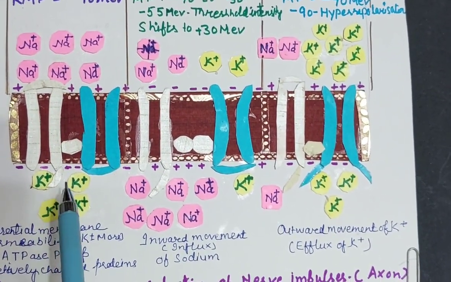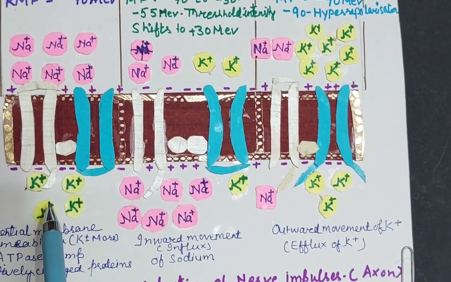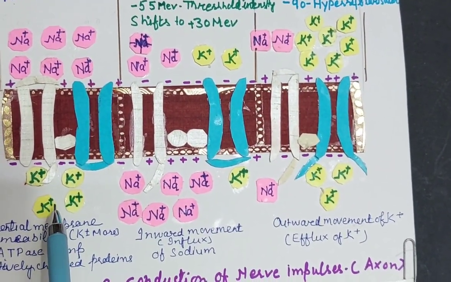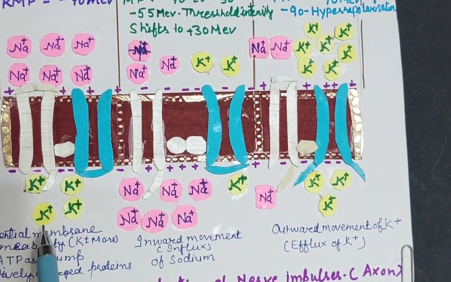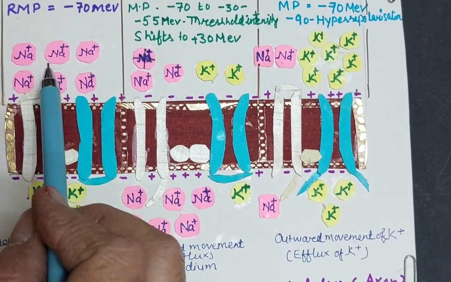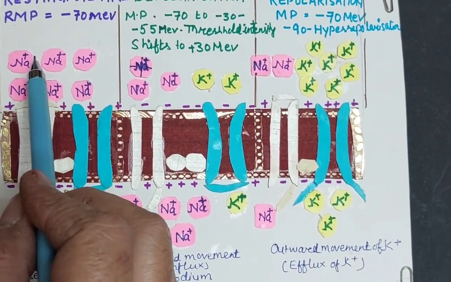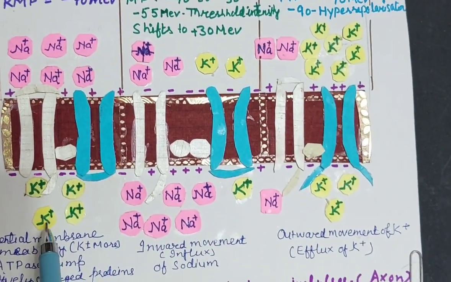And not only this reason, the sodium potassium ATPase pump is also operating, working against the concentration gradient, putting three sodium ions outside and moving two potassium ions inside.